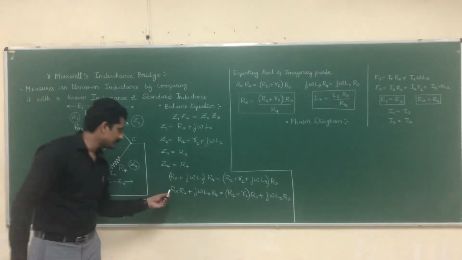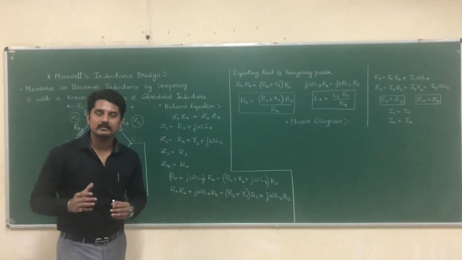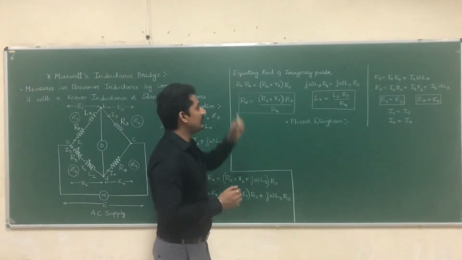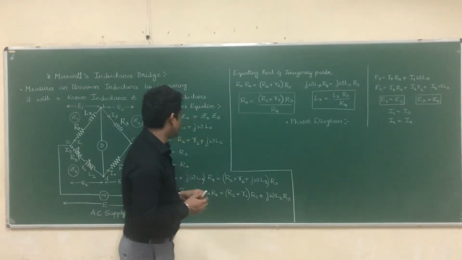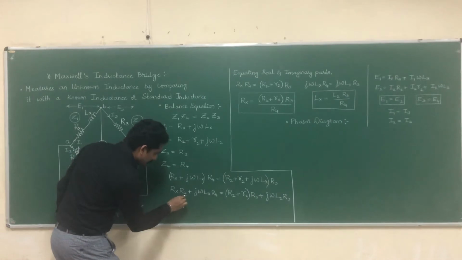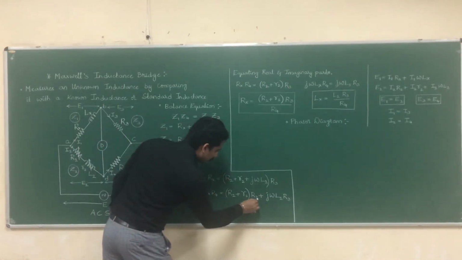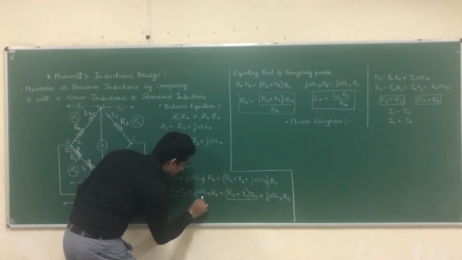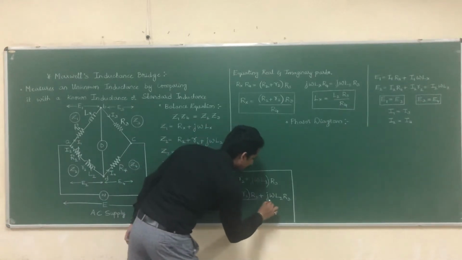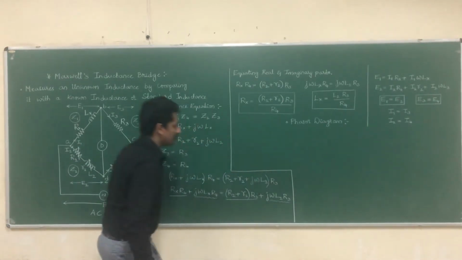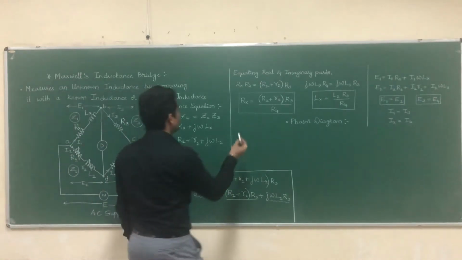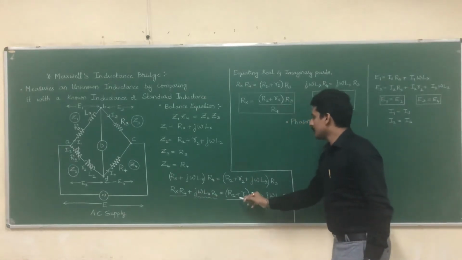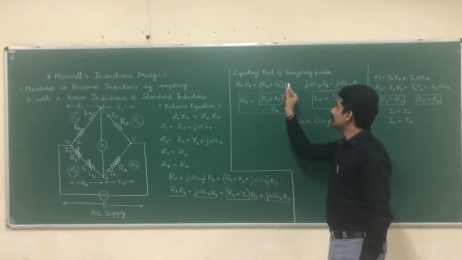After this equation, we should separate the real parts and imaginary parts. Equating the real parts, Rx R4 equals (R2 plus r2) R3.